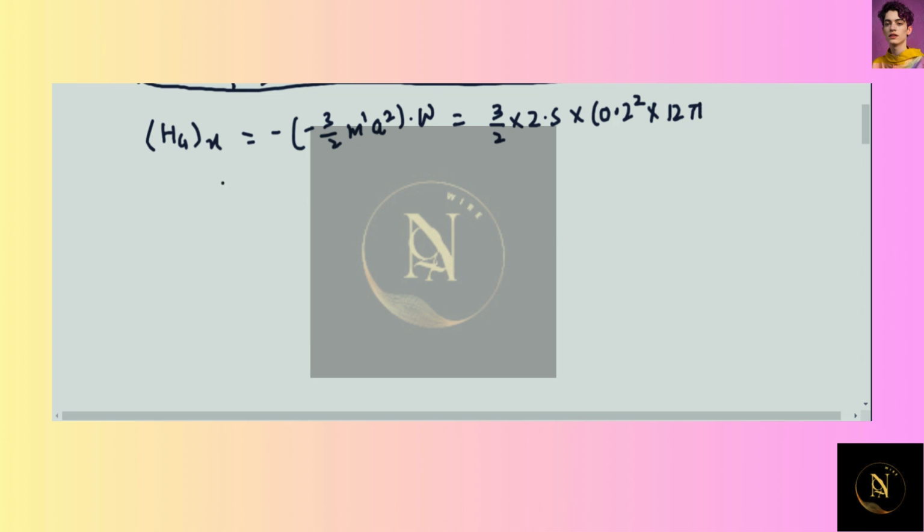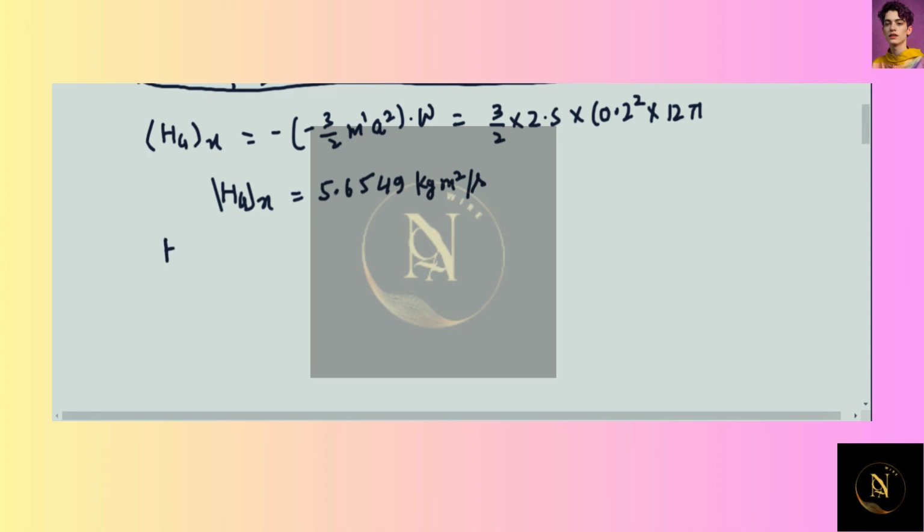So this value will be 5.6549 kg meter square per second.